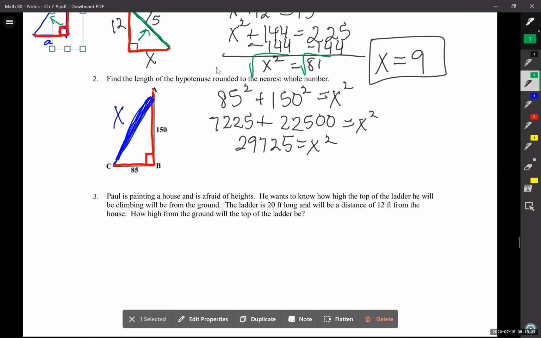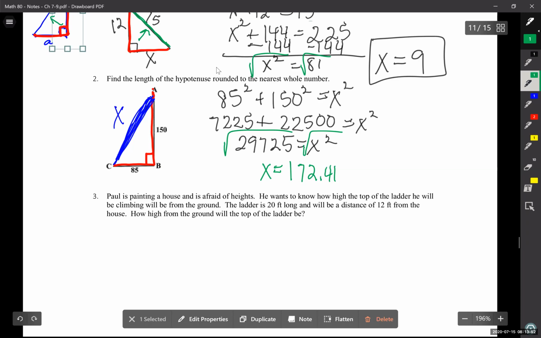And so finally, I'm going to take the root of that number. And it says round to the nearest whole number. So I'm going to guess that this number does not work out nicely. But when I do that, I see on my calculator that x equals 172.41.